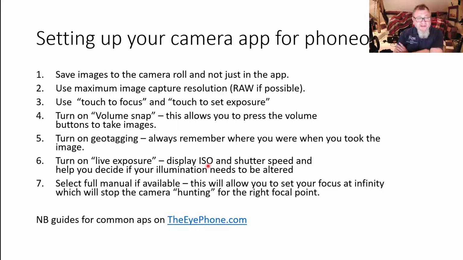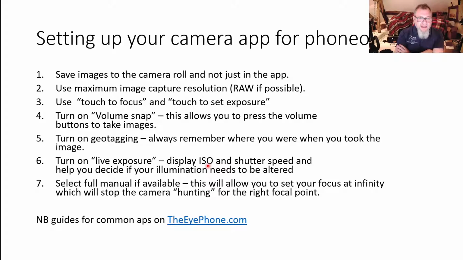If you have the option to have live exposure on your camera app, that will display shutter speed, ISO, etc. That's really helpful because it will help you decide if you're struggling to get a good photograph. Maybe it's pixelly, for example, then it may be because your ISO has been automatically turned up by the phone camera, which you didn't realise.